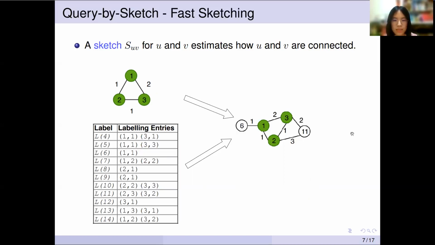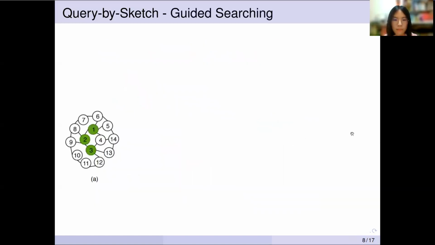The distance in this sketch is 5. It is an upper bound of the actual distance between 6 and 11 in the graph based on triangle inequality. If the actual distance is 5, as estimated by this sketch, all landmarks in this sketch are on the shortest path between 6 and 11.